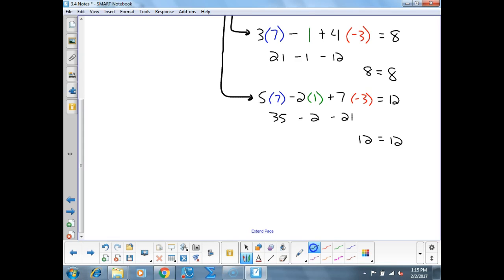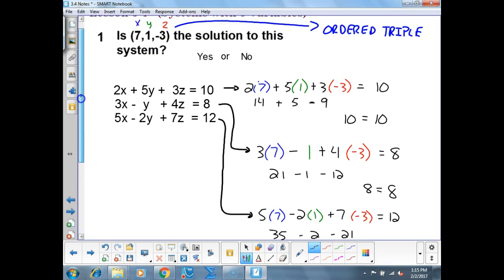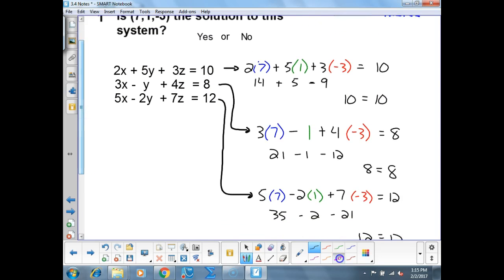So it checked out in all 3 of them. So, yes, it is a solution.